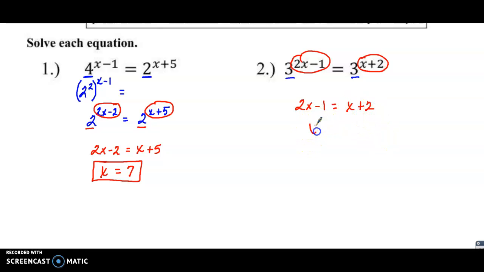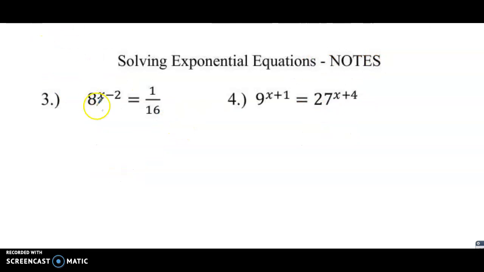Subtract my x over, and when I add 1 to both sides, x is equal to 3. So some of them are super fast, super easy, and some are a little more challenging. That's why I have a few more examples. Basically, we're looking for bases to be the same, then set the exponents equal to each other.